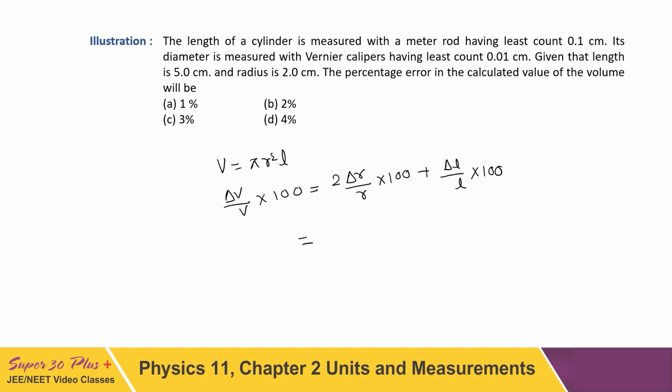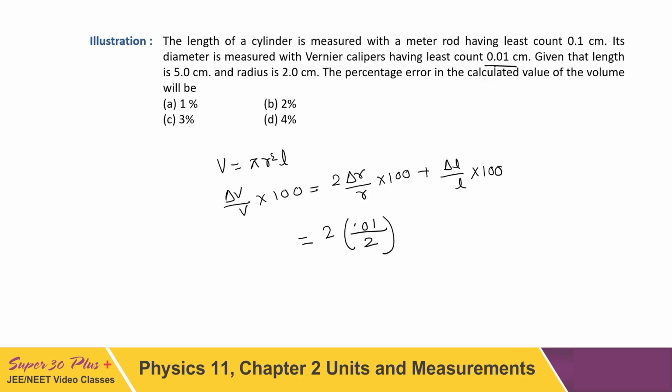Now on substituting all the numerical values, as we know that least count is the maximum error which can occur with a measuring instrument, let us write the values. Delta R is equal to the least count of the vernier caliper, that is 0.01, upon the radius, 2 centimeter.